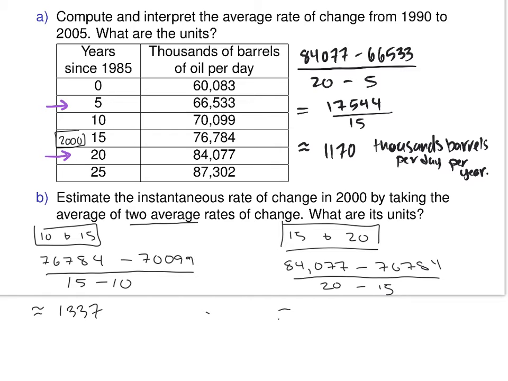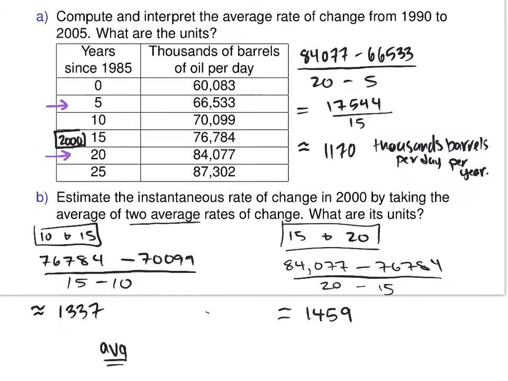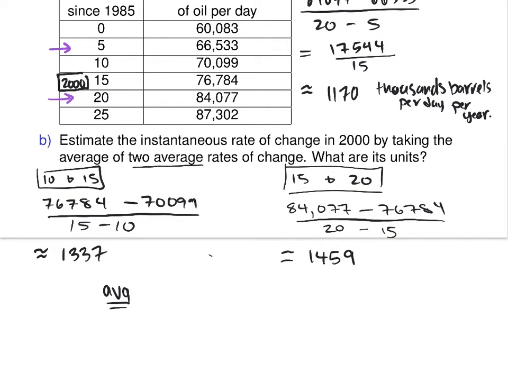And I got that's about equal to 1,458.6, so 1,459. And so your average is just take those two, add them and divide by 2. 1,337 plus 1,459 over 2, which I got is about, someone give me a... 1398. Okay, thank you.